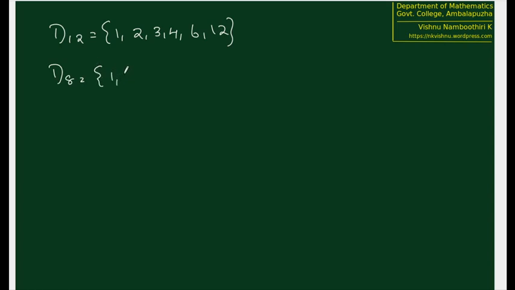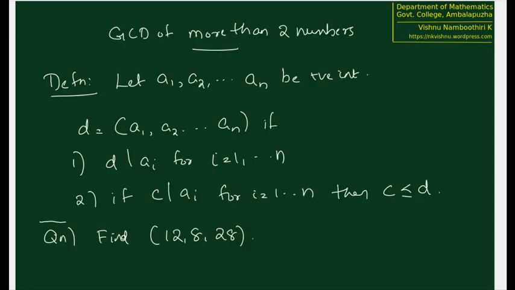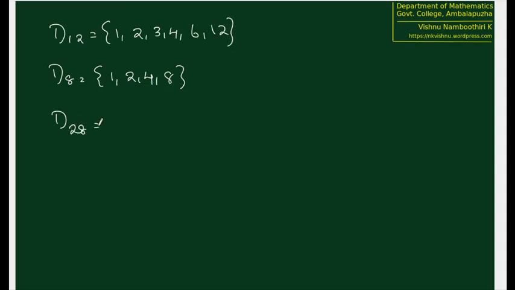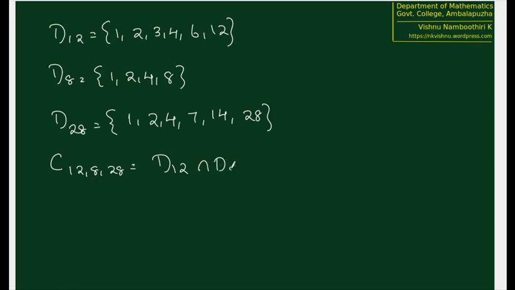1, 2, 4, 8. What about divisors of 28? 1, 2, 4, 7, 14, 28. Now the set of common divisors of 12, 8, 28 is the intersection of D12, D8, D28.